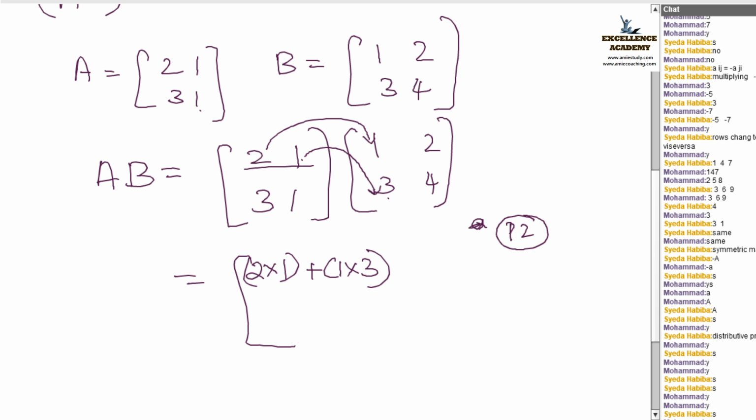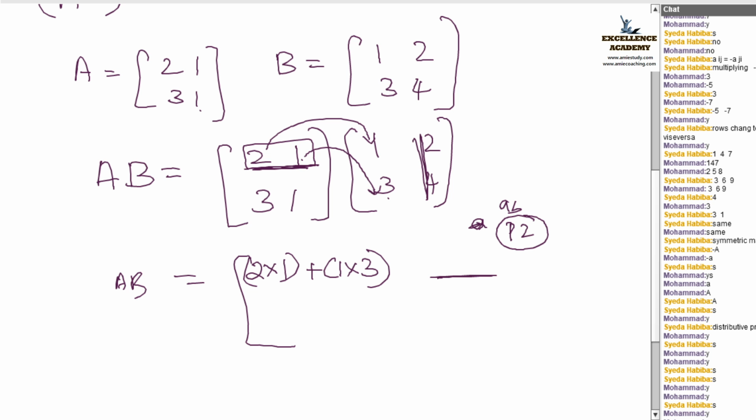You should multiply the first row with, in order to get this element, this is AB12. In order to get AB12, what should you do? You should multiply the first row with the second column. Understood? First row with the second column.